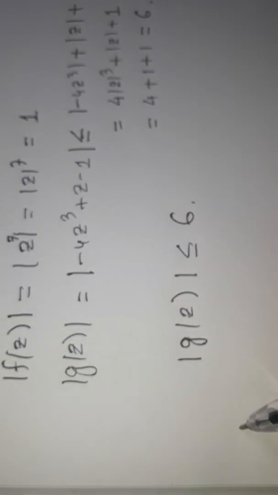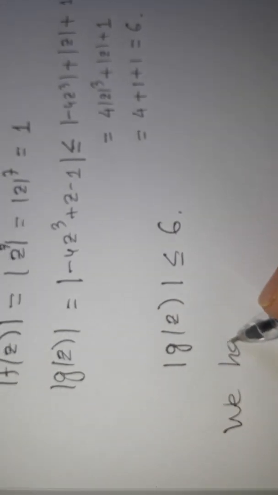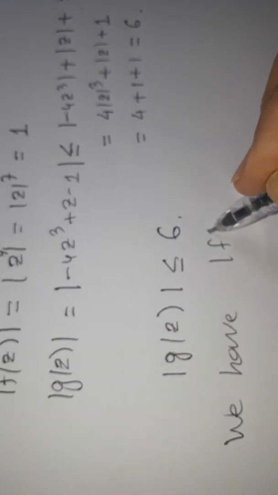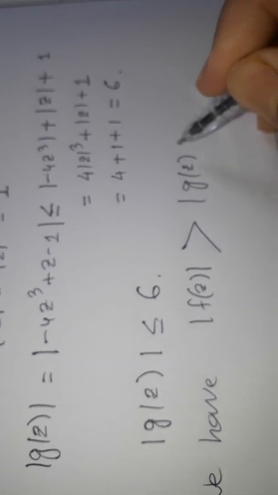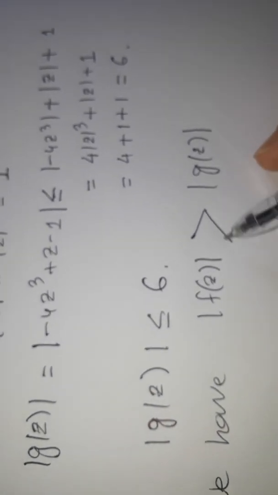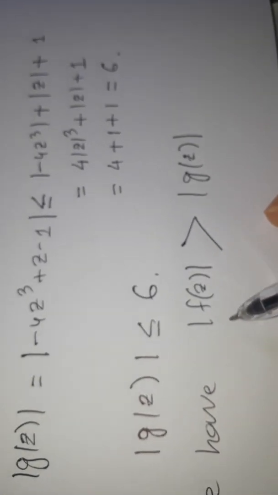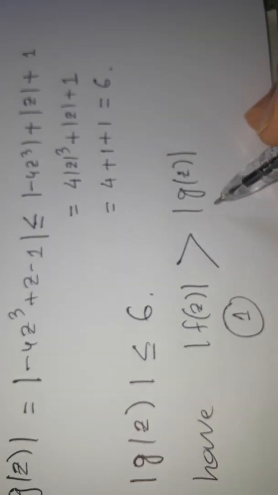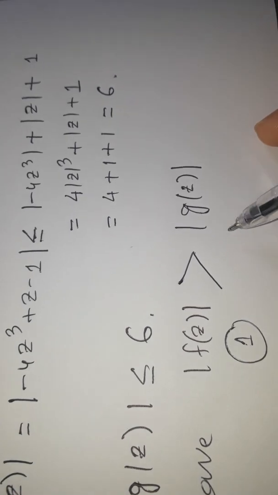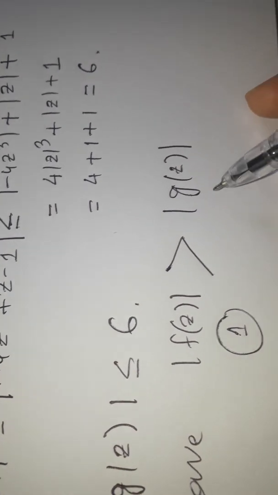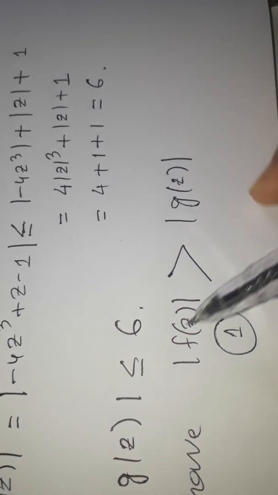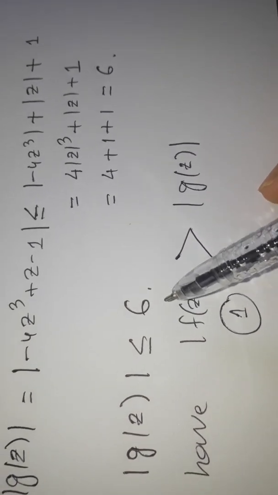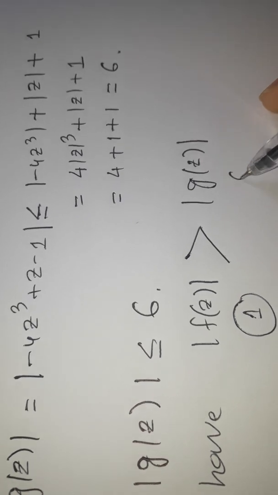So I cannot say that modulus of f(z) is strictly greater than modulus of g(z), which is needed to apply Rouche's theorem. Modulus of f(z) is 1, and g(z) is less than or equal to 6, so I cannot conclude that 1 is strictly greater than a number which is less than or equal to 6.